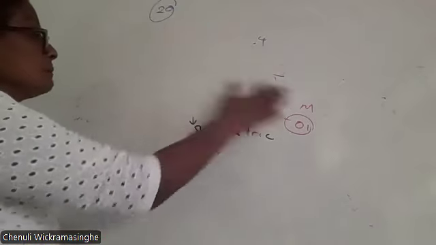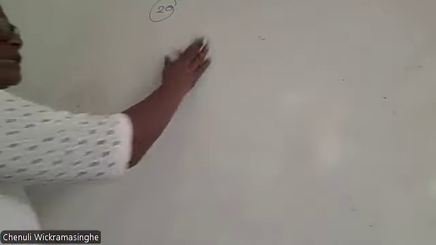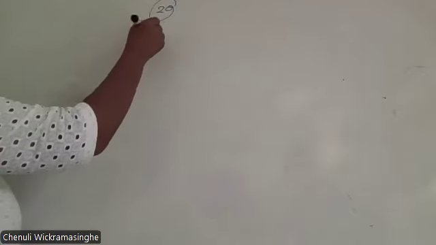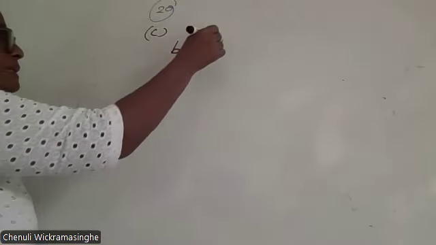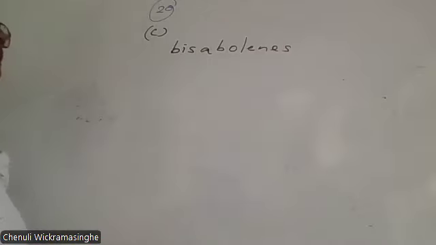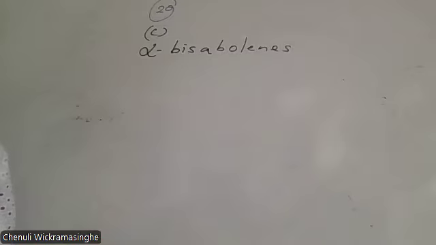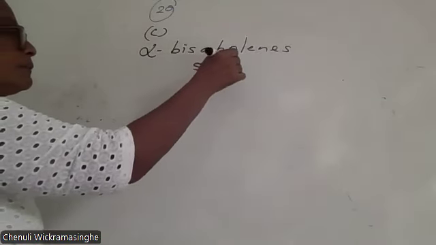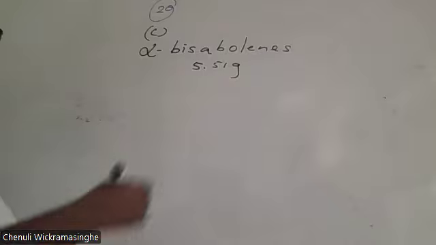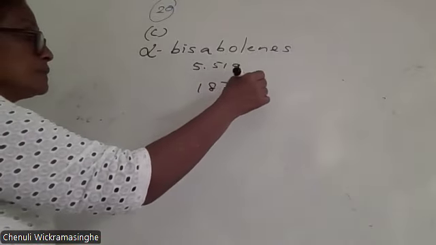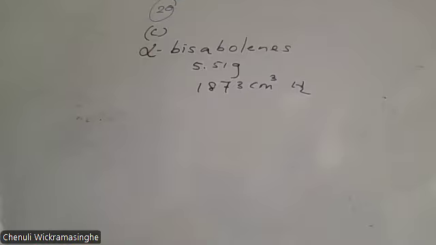Now the C part of question number 20. In the C part, they talk about how bisabolenes are a group of compounds found in plants and fungi. A bisabolene molecule contains several carbon-carbon double bonds. There is one type, alpha-bisabolene. 5.51 grams of it is reacted with 1873 cubic centimetres of hydrogen gas.